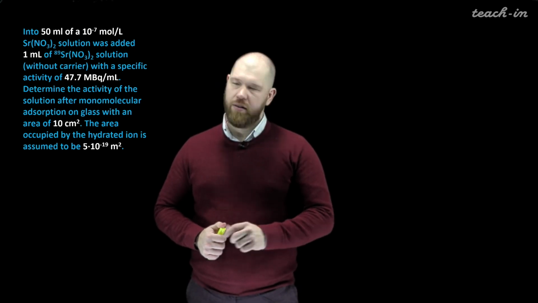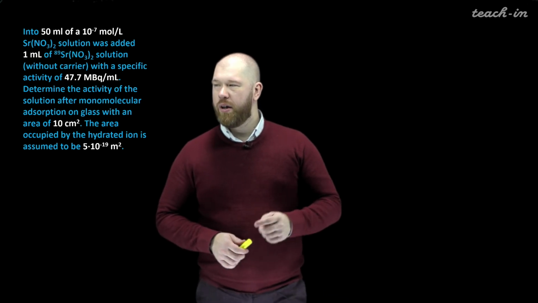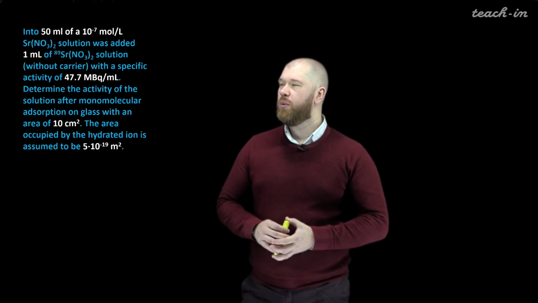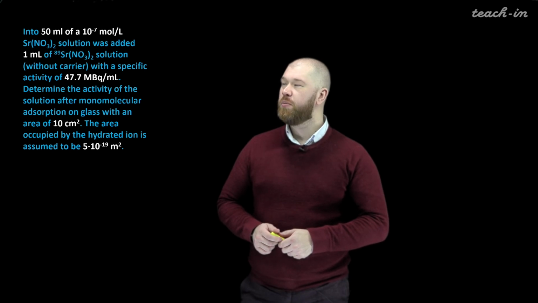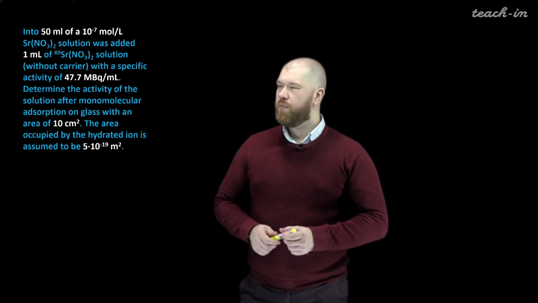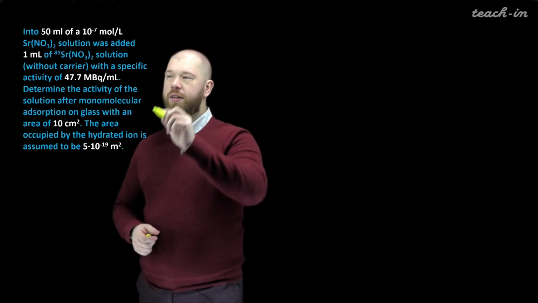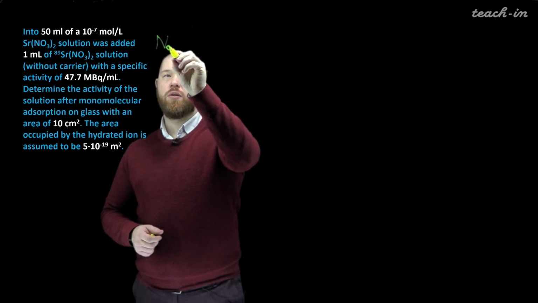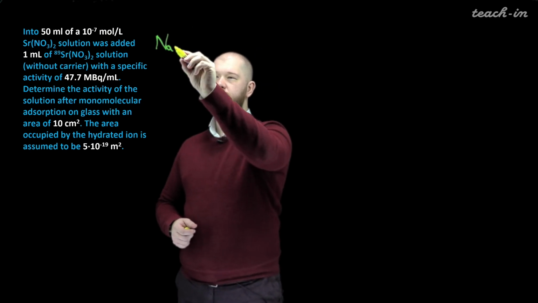So it is some small vial, and the area occupied by one ion is assumed to be equal to 5 times 10 to minus 19 squared meters. Okay, so first of all, we can estimate the number of atoms that will be adsorbed by the glass.